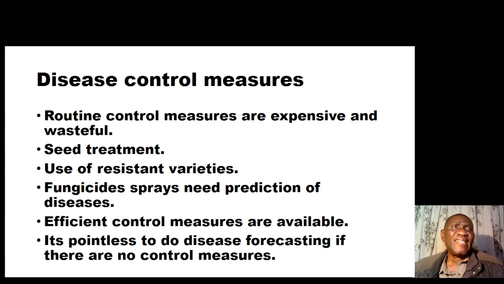So fungicide sprays need prediction of diseases. Efficient control measures must be available. It's pointless to do disease forecasting if there are no control measures. If you just say, okay, the disease is now arriving, and you don't take any control measures, then that information is not used.